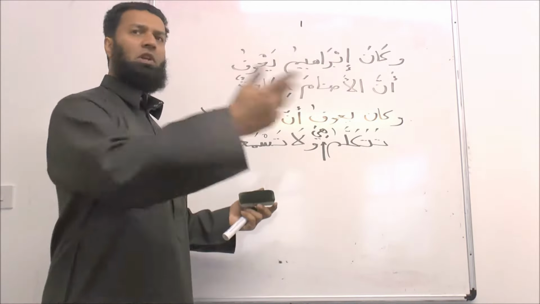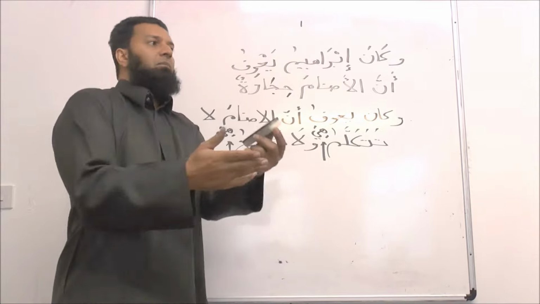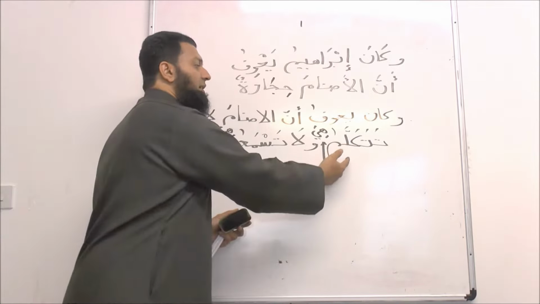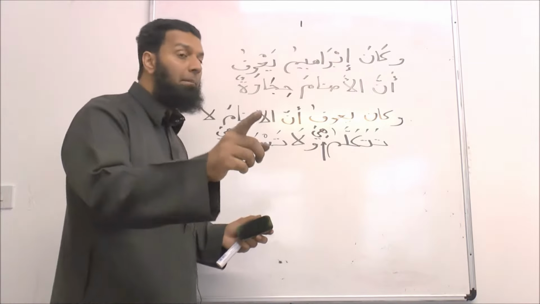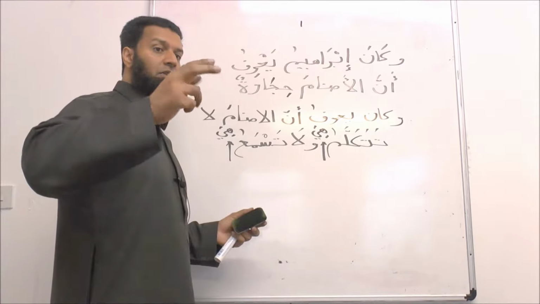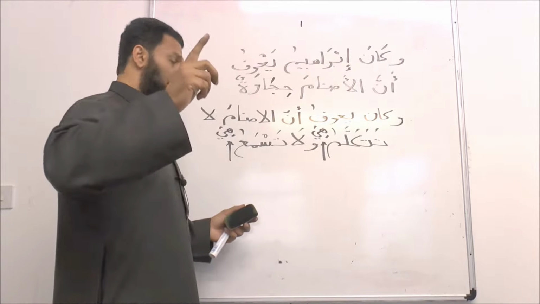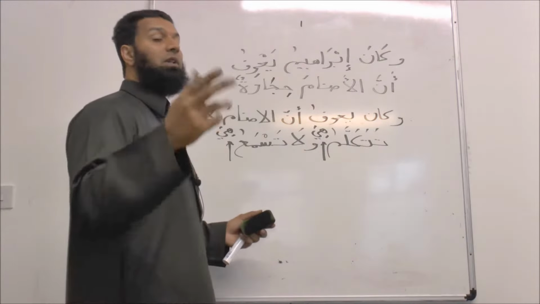Alright. What's the object? Let's assume the object. There is no object. It doesn't need to take an object. Sometimes it's assumed. Remember, we said there are two parts of a jumlatul fi'liyyah which are mandatory. What did we say they are?